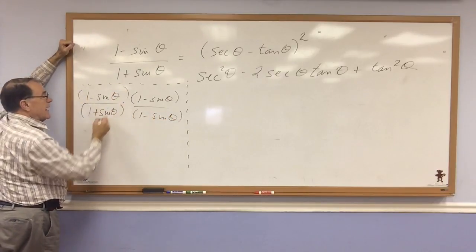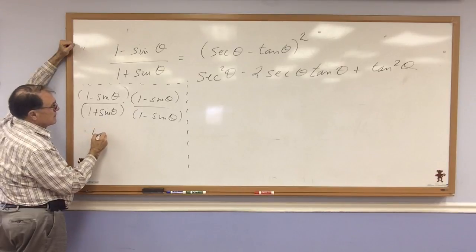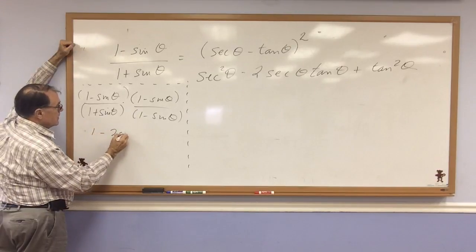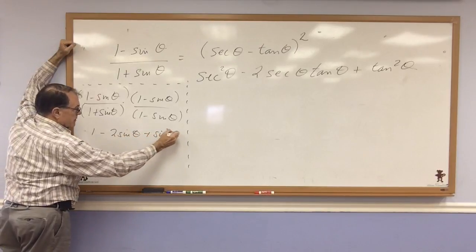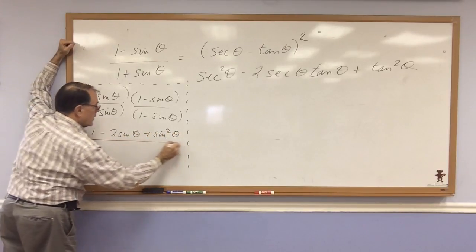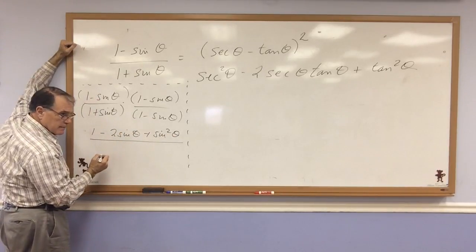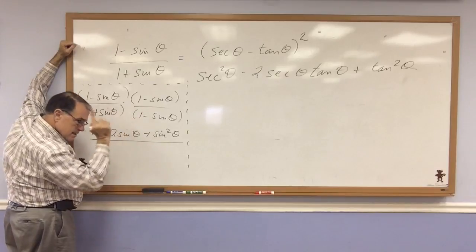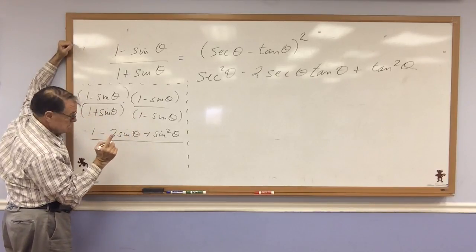Now by doing that, up top, I've got 1 minus 2 sine theta plus sine squared theta. Down below, 1 minus sine squared theta. 1 minus sine squared theta is cosine squared theta.